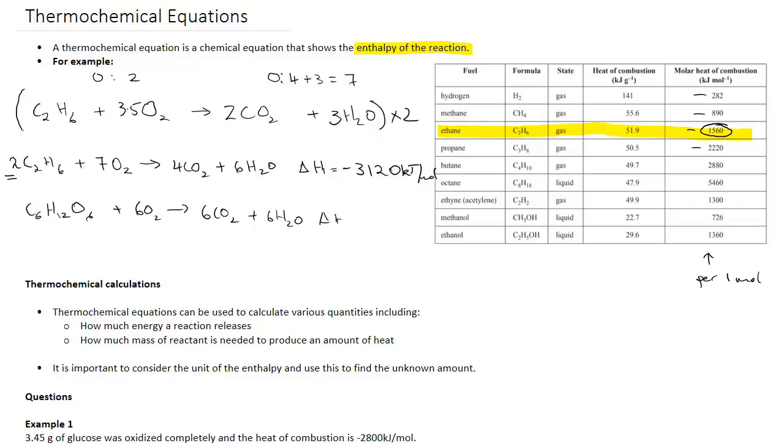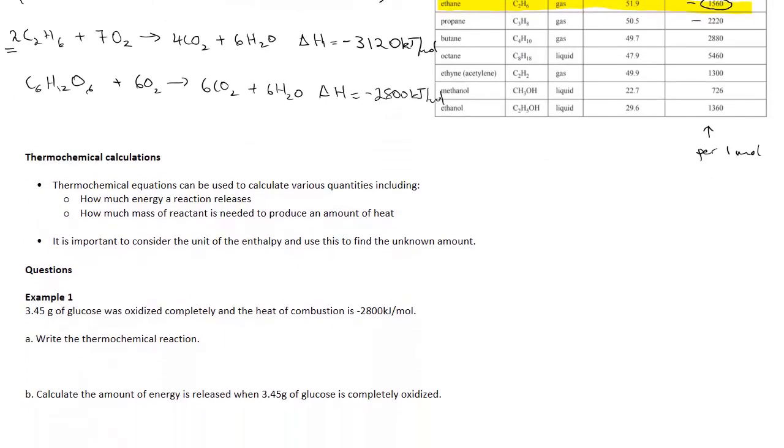Delta H is equal to negative 2,800 kilojoules per mole. So that's another example of a thermochemical equation. We're going to be using this table in a few of these questions to perform our calculations.